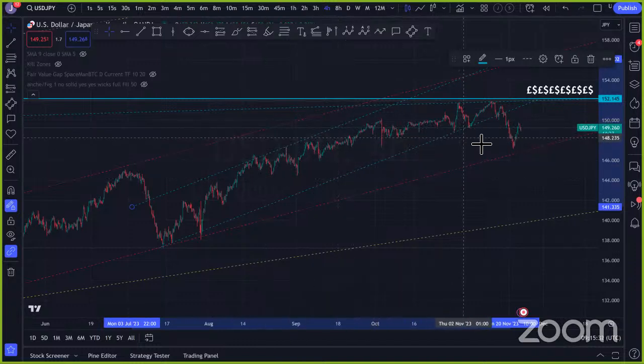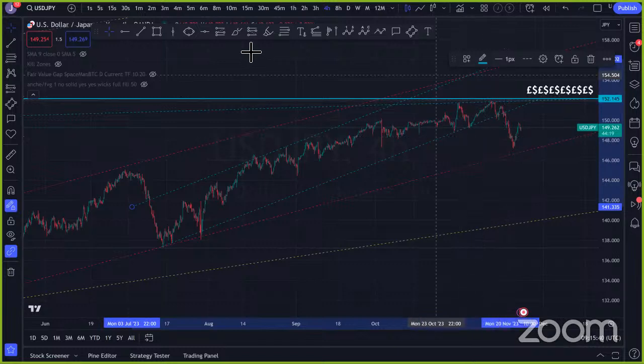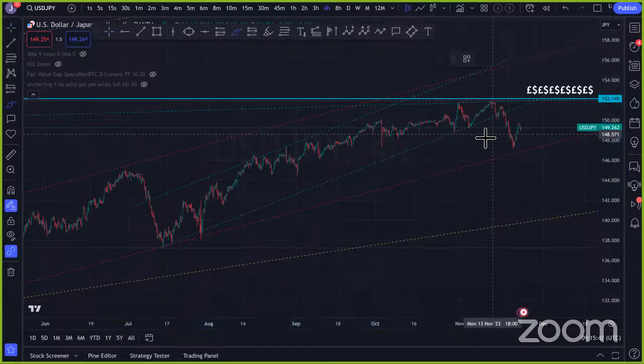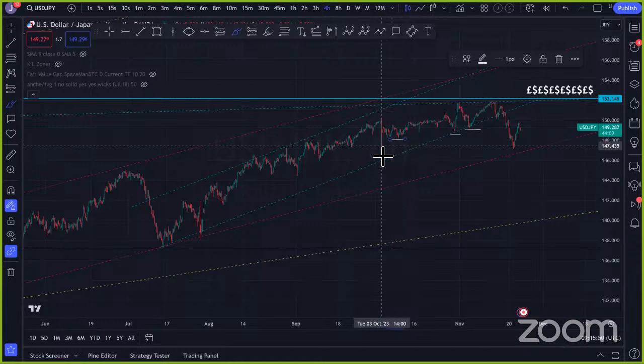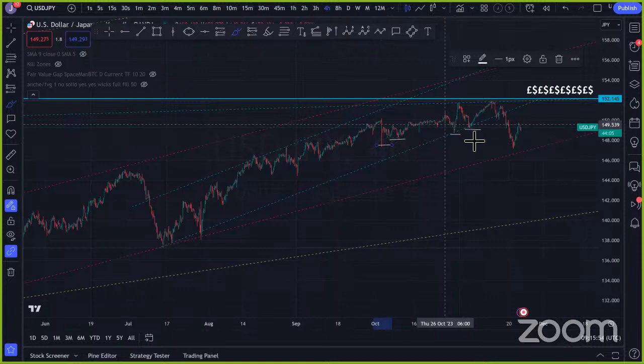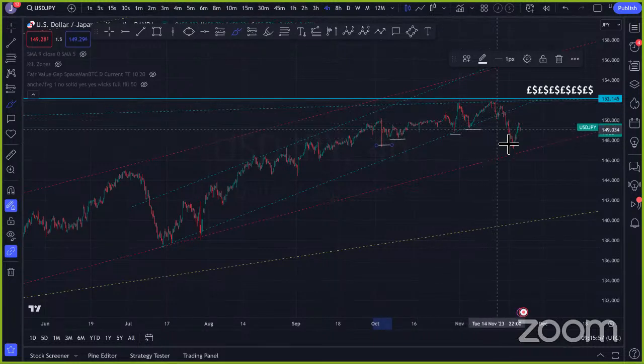But at the moment, price has broken outside of this smaller blue range and started to break structure on this 4 hour time frame. It started to break these 4 hour lows, bearishly.